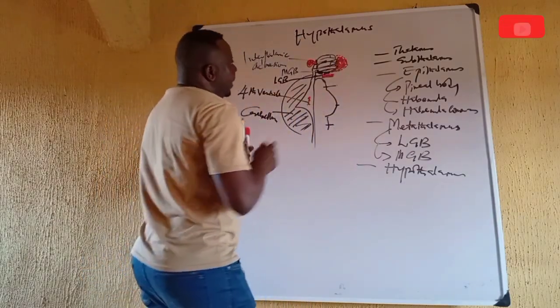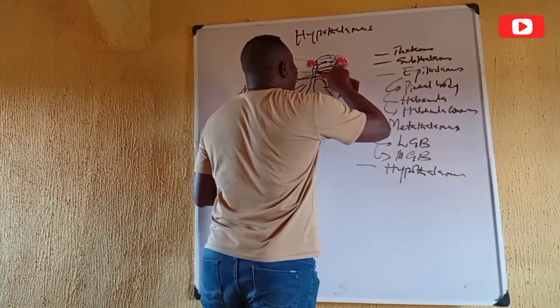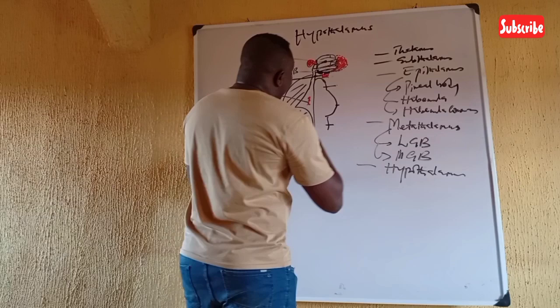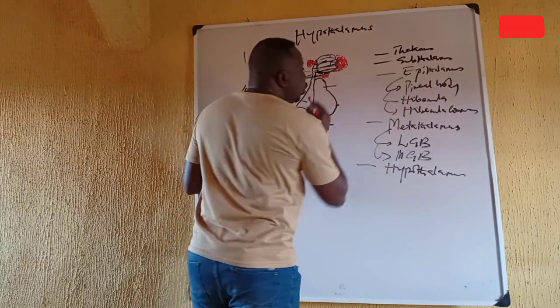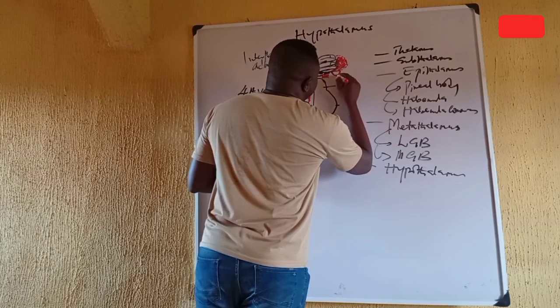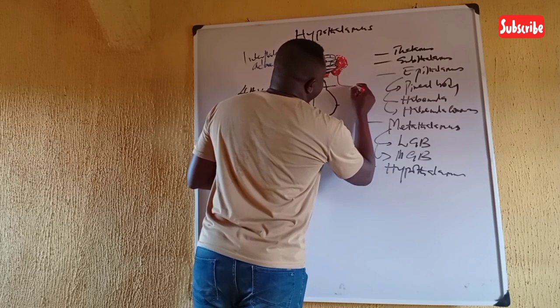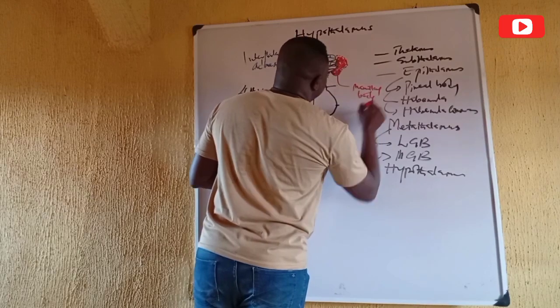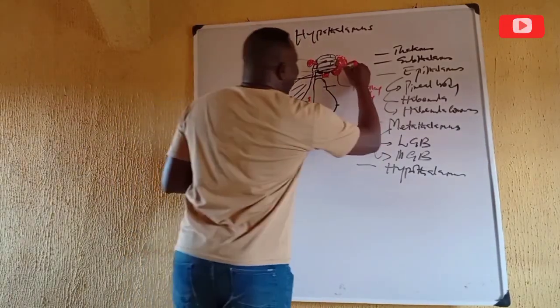Now, if you look at the hypothalamus, you also know that it has swellings, one that lies bilaterally, which is called the mammillary body, and then we have the median eminence.